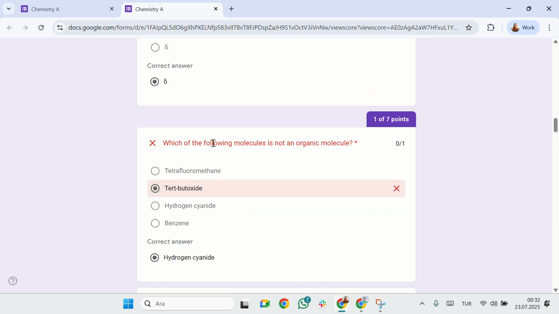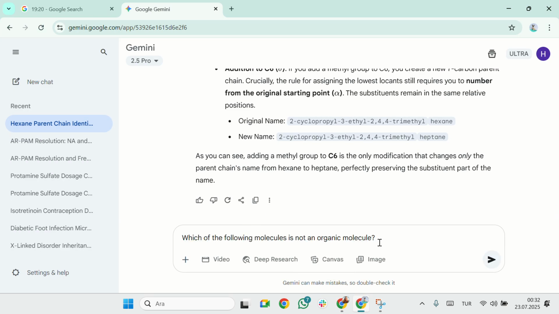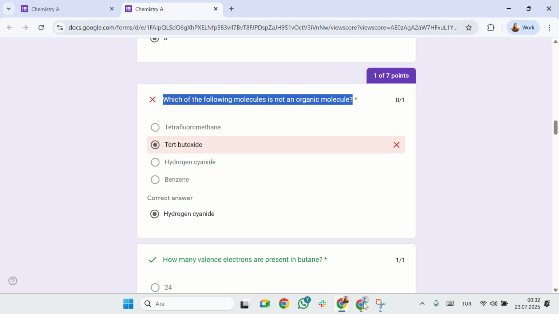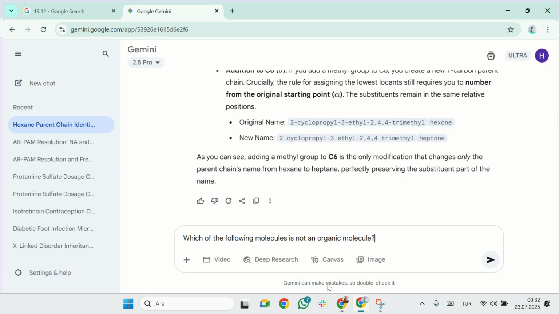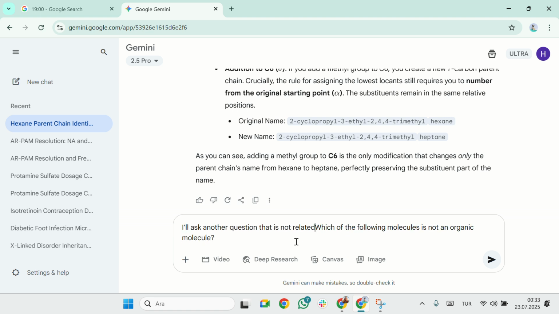Okay, which of the following molecules? Okay, let's ask this, but give the information that it's another question. I'll ask another question that is not related to the image I have sent before.